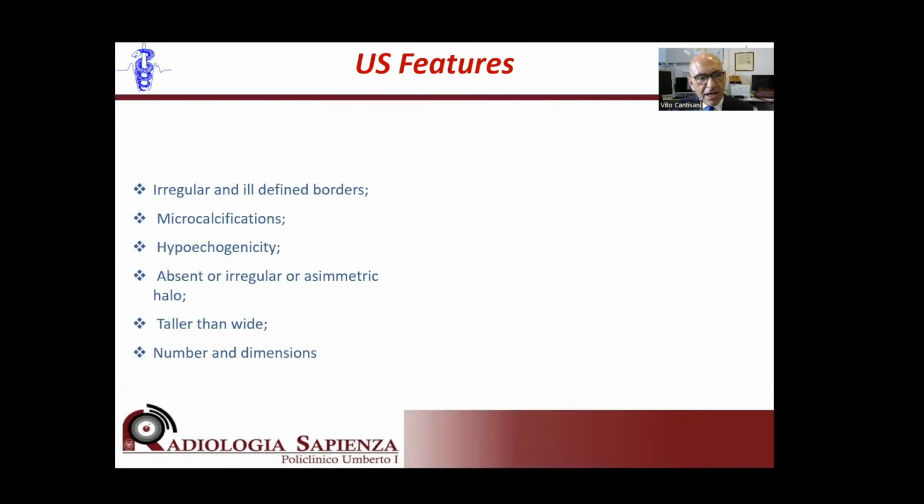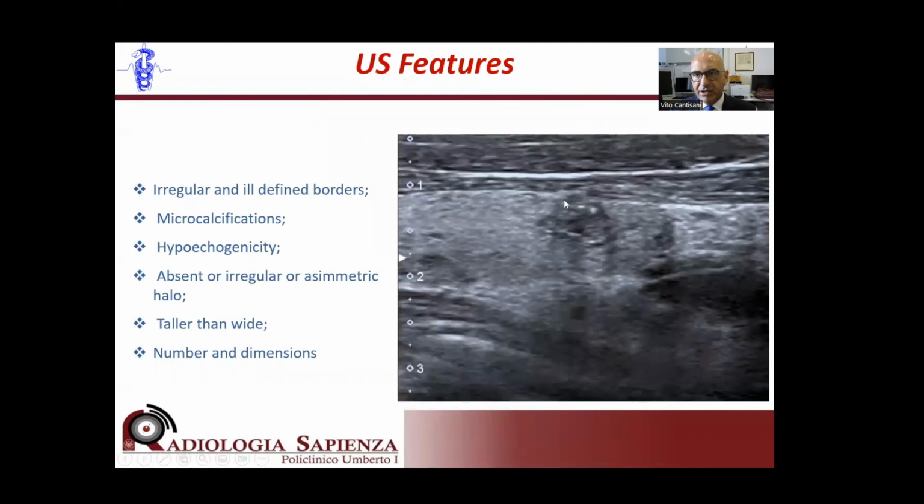Here I summarize for you the ultrasound features, starting from the more worrisome one, irregular and ill-defined borders, as clearly shown by this example, the presence of microcalcification, the presence of hypoechogenicity that you have to compare with the surrounding muscle structures, and if they are isoechoic, you state mild hypoechoic.